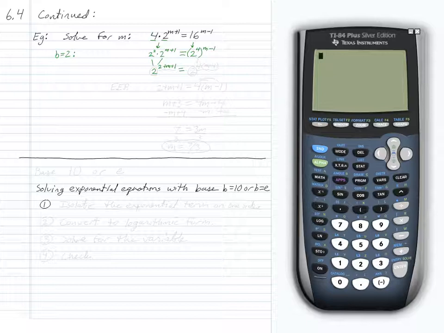And on the right-hand side, I can use the power to a power rule, which says that 2 to the 4th to the m minus 1 is equivalent to 2 to the 4 times m minus 1.